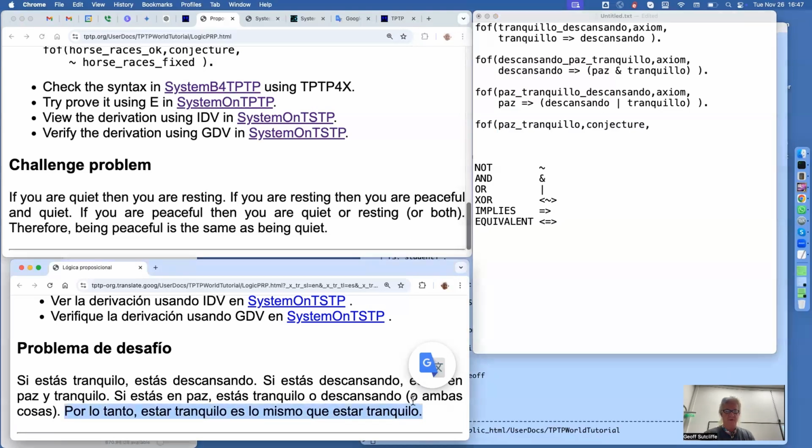I put or both, huh? Or both. That's the difference. This or here, vertical bar means A or B or both.